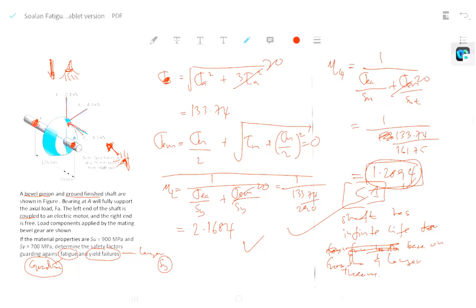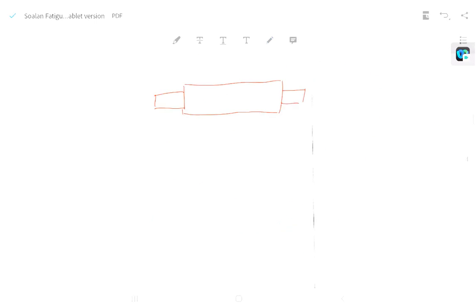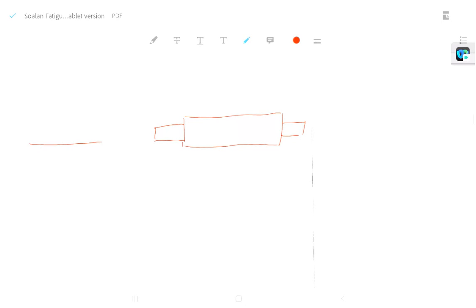So from that value, we break it down into the planes. Okay, plane. We divide it, let's say this A, this B, and this is the bevel gears.